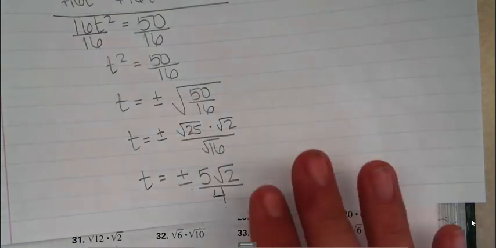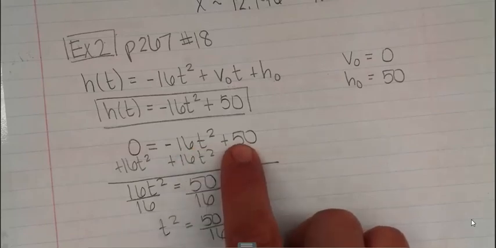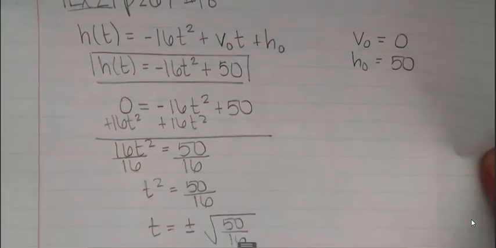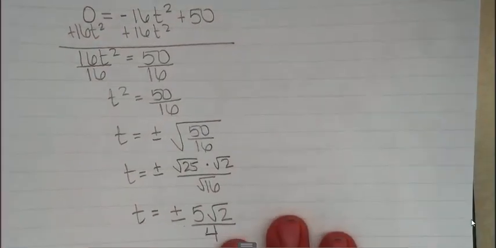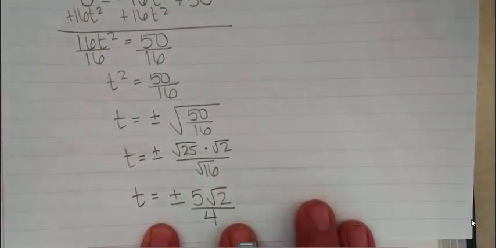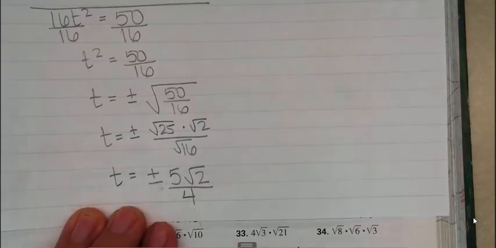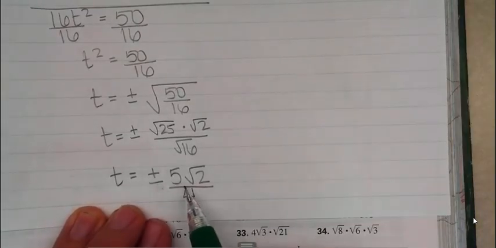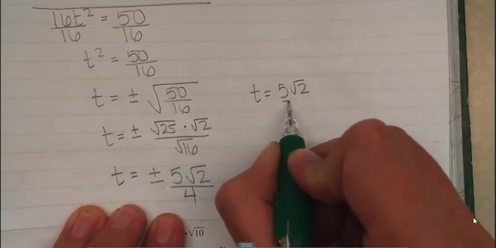Now to get a more accurate understanding of what is happening, I could have actually gone into my calculator at this point, plugged in this equation, and figured out one of my x-intercepts. But we can also use math. Now, I may want to say to myself, if I'm talking about time, can time actually be negative? It cannot be negative. So I'm going to throw out the negative option, and I'm just going to have my time being 5 root 2 over 4.